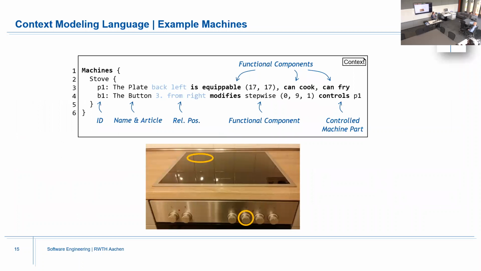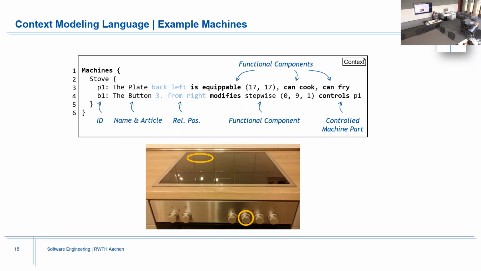So here is a concrete example. For example, we have a machine with a stove and a certain plate. We have some relative position information. For example, the plate is back left. We have functional components. So we have the is equipable, which means 17 in height and 17 in width. And you can cook and fry with such a plate. And we also have a button, which is with the relative position, the third from right.